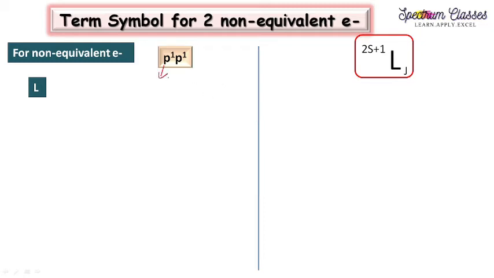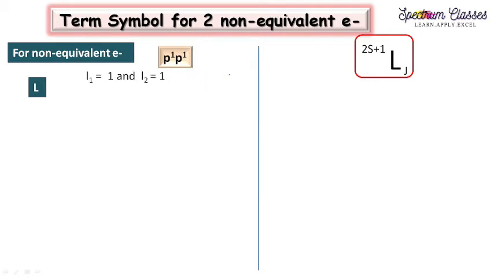For this L1 is equal to 1 and for this L2 is equal to 1 and these are the half spins. S1 is equal to 1 by 2 and S2 is equal to 1 by 2. So from here we are just going to calculate the total orbital angular momentum and total spin angular momentum. I am going to show you.